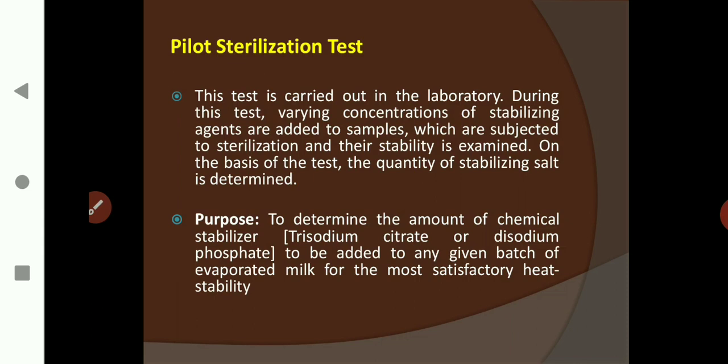On the basis of the test, the quantity of stabilizing salt to be added to milk is determined. The purpose is to determine the amount of chemical stabilizer, and normally we add phosphates or citrates, like trisodium citrate or disodium phosphate. There are many stabilizing salts.